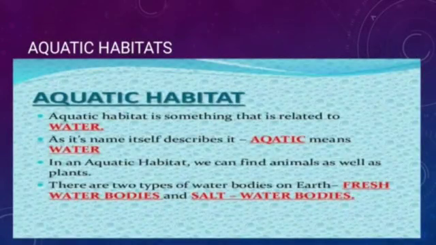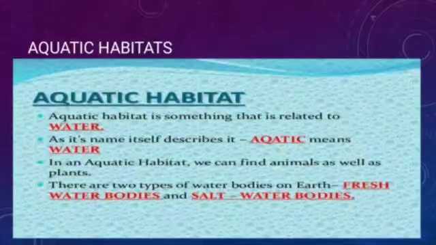Now there are some animals also, for example the frog. Frogs usually have ponds as their habitat. Frogs can stay both inside the water and on the land, and move on land also, because they have strong back legs which help them in jumping and catching their prey.